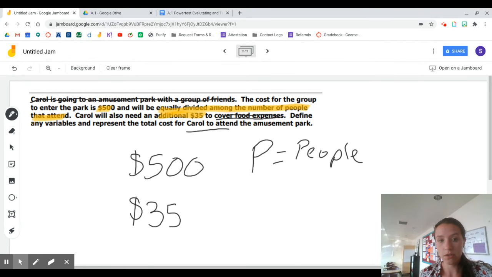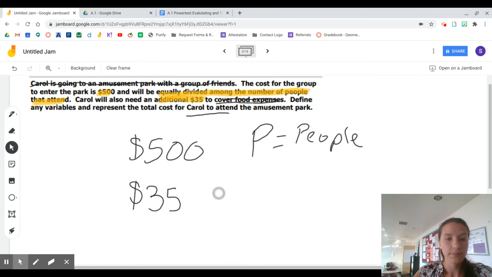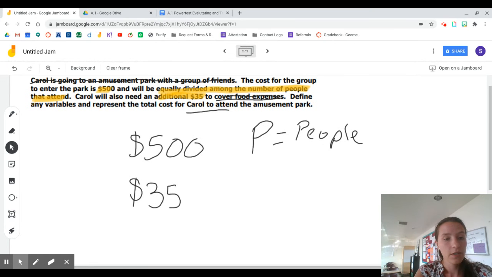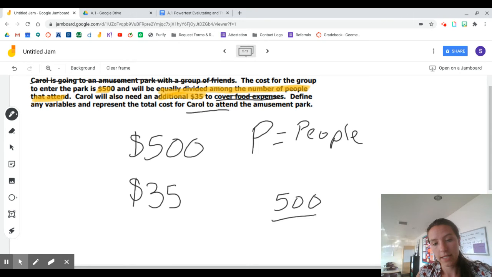So now I can go to translating into math. It says that the $500 will be equally divided. That one's helpful because it says the operation we need. It's going to be divided among the people. So $500 divided among the people. Carol is the person we're trying to think about, and she needs an extra $35.